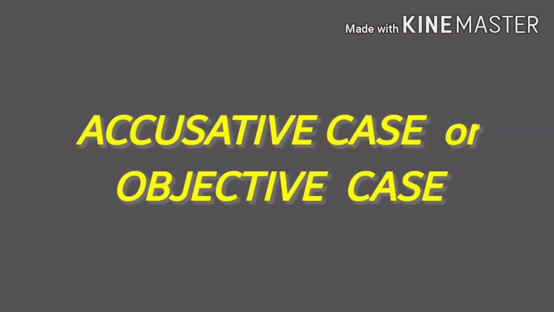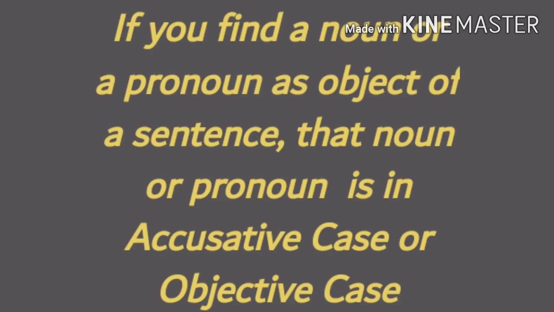Got it? Next comes accusative case or objective case. If you find a noun or a pronoun as object of a sentence, that noun or pronoun is in accusative case or objective case. Let me repeat. If you find a noun or a pronoun as object of a sentence, that noun or pronoun is in accusative case or objective case.